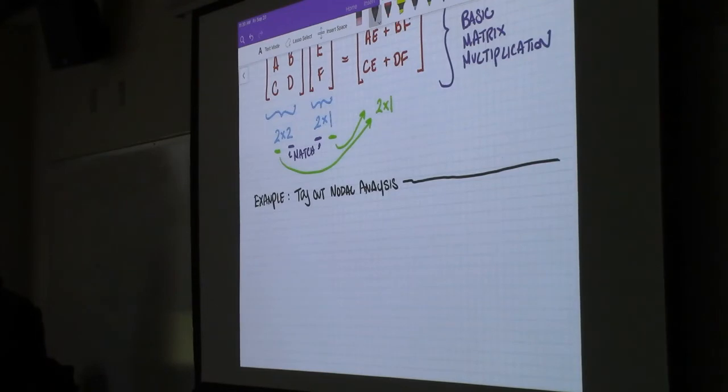Because what you'll see is it's just a little bit of a variation on what we've already been doing. We're going to set up the equations in a very similar way, and some people who are very comfortable with algebra in last chapter could have already been solving stuff in this way, but we're just going to formalize it now. So let's take a look at this circuit here.